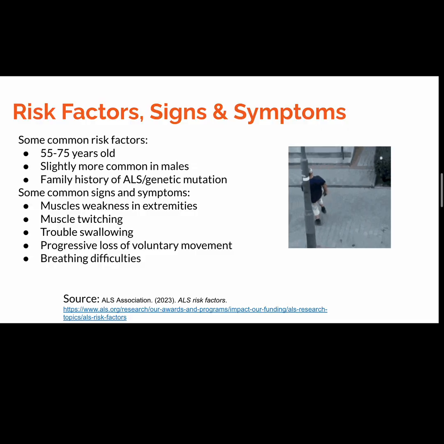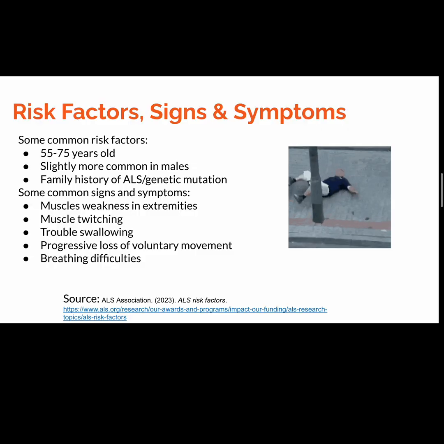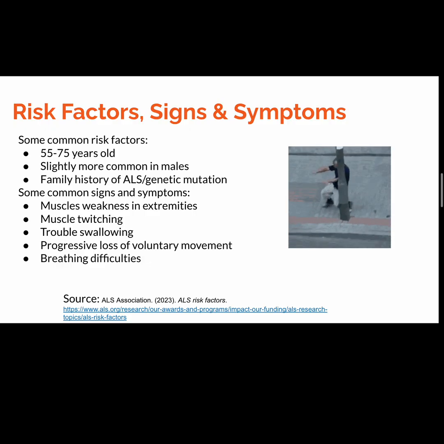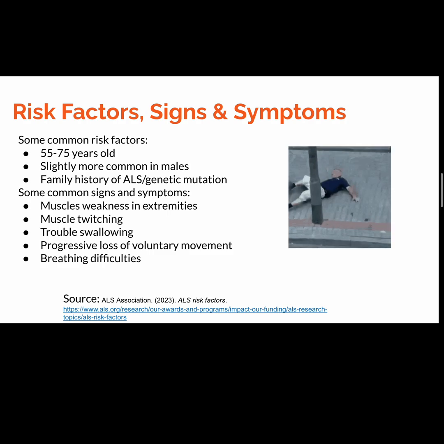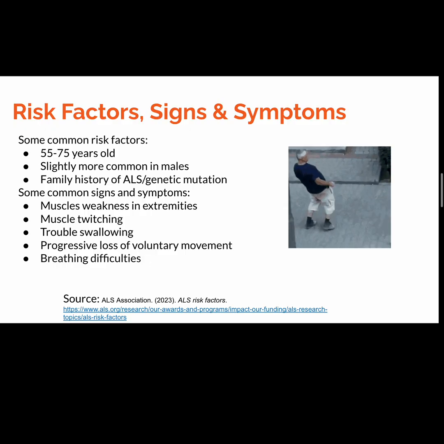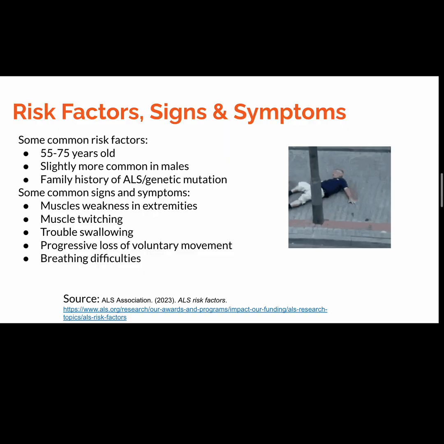Symptoms often start with muscle weakness in the arms, legs, or lower extremities in general, accompanied by muscle twitching. As ALS progresses, people may experience trouble swallowing, loss of voluntary movement, and breathing difficulties. Recognizing these patterns early helps doctors identify ALS and differentiate whether it's familial or just a gene mutation.